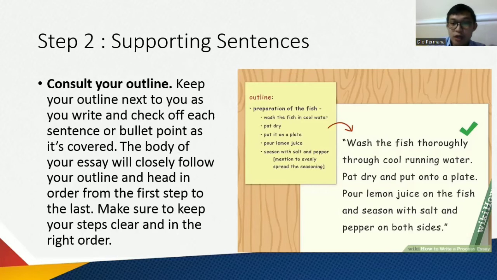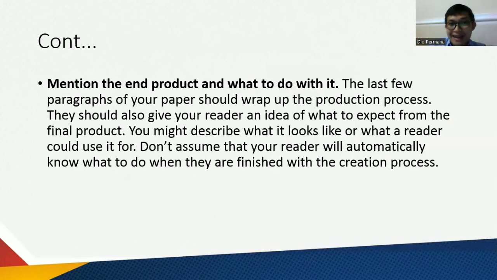It is important because it makes sure that you do not forget the steps and the materials that you need in your procedure and process paragraph. And then after that, mention the end of the product, what to do with it. It's defined what product you can get after you do several steps in making something.